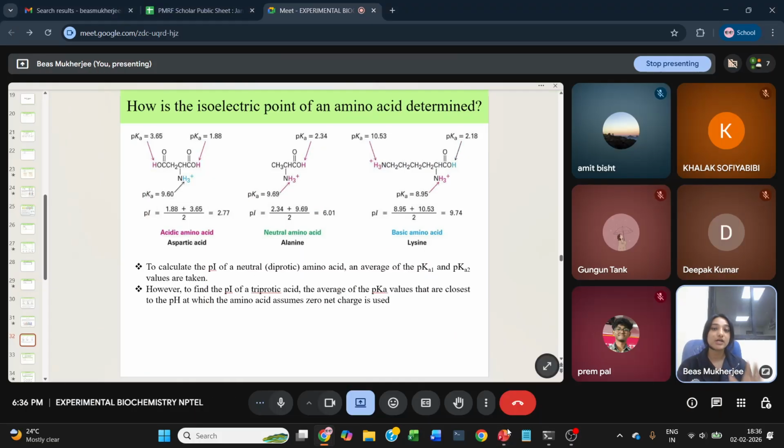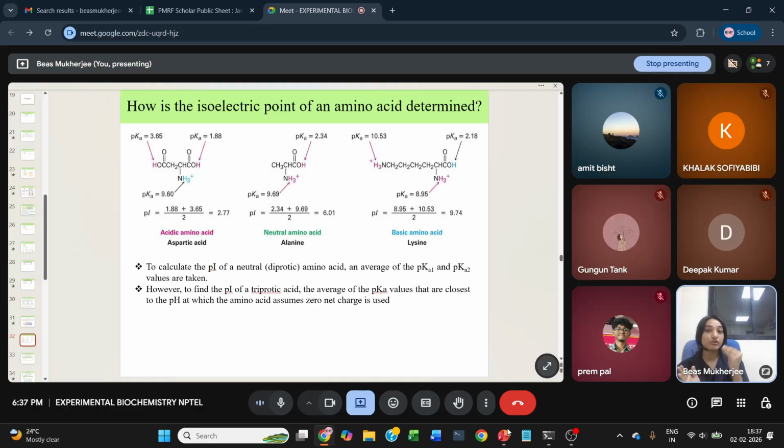Now we have the example of an acidic amino acid, a neutral amino acid and a basic amino acid. If you look at the acidic amino acid, you see that its pI is always the average of the two pKa values that are less than 7.